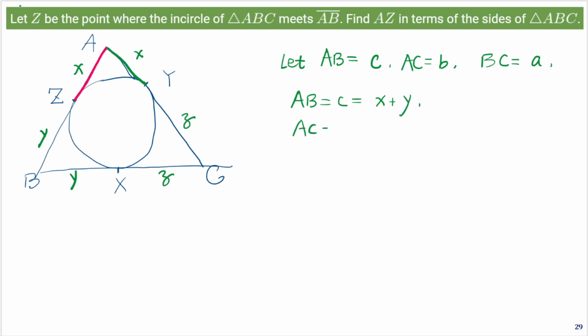And AC equals B, which equals X plus Z. And BC equals A, which is Y plus Z, right? We want X in terms of A, B, and C.